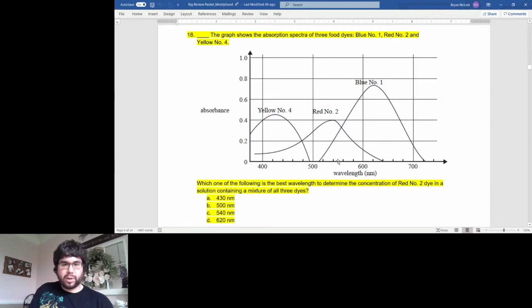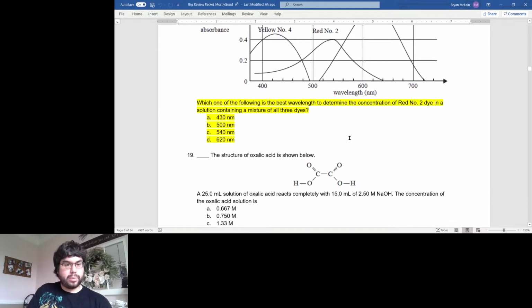So 500, 520, 540, about 540. So red number 2 is best absorbed by wavelengths of light at 540 nanometers. And so that's going to be C, 540. Blue number 1 is best absorbed by around 620 or so. But the peak here represents the wavelength that is the best to absorb that compound at. So 18, the answer is C, 540 nanometers.